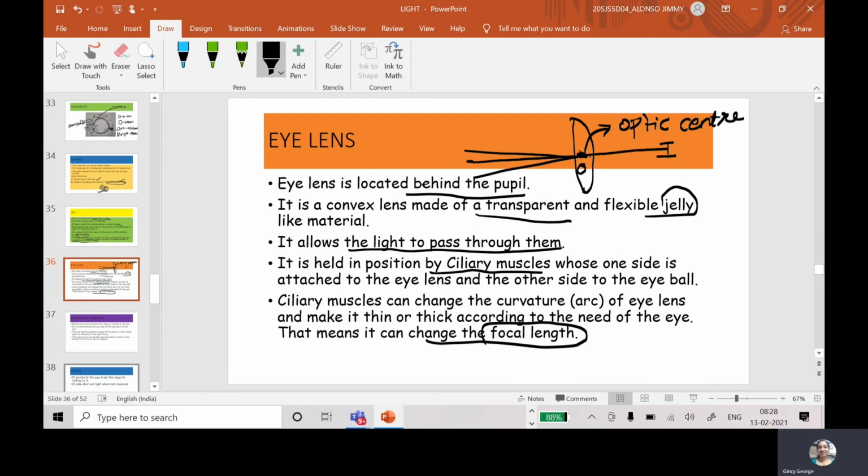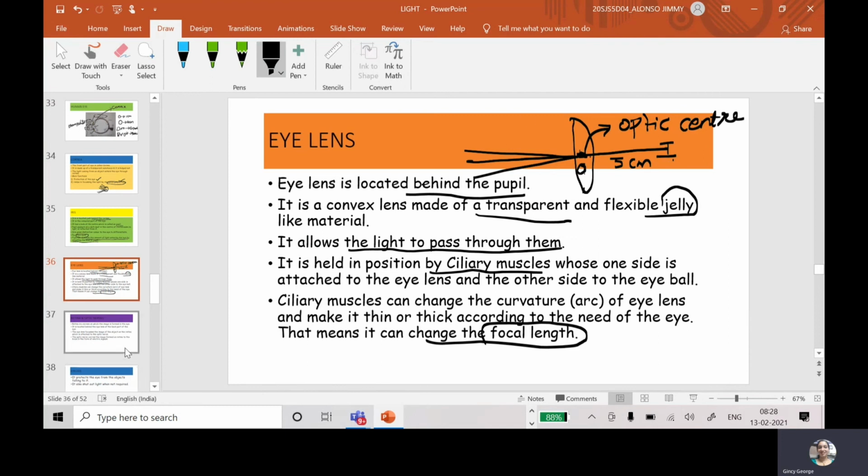If the image is formed here, the distance is 5 centimeters, for example. The distance between O and I is called the focal length. The distance between the optic center and the image is called the focal length. So the focal length is adjusted with the help of this eye lens and the action of the ciliary muscles.